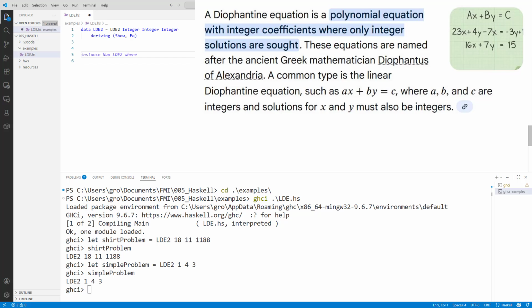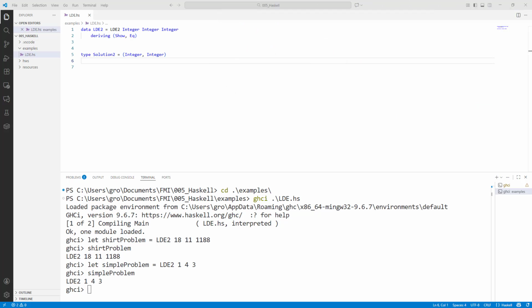Let's try to have a type Solution2. And you see Visual Studio Code is already saying Integer. And this line says from now on, when I write Solution2, what I really mean is a tuple of 2 integers. Yes, as simple as this. So let's write a function. And the first thing we should always do in Haskell is write the type signature.